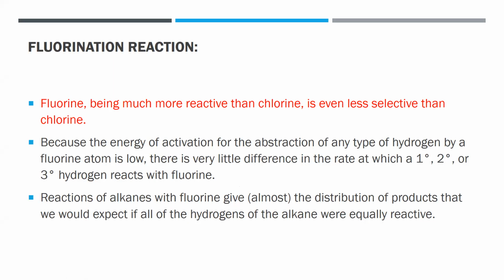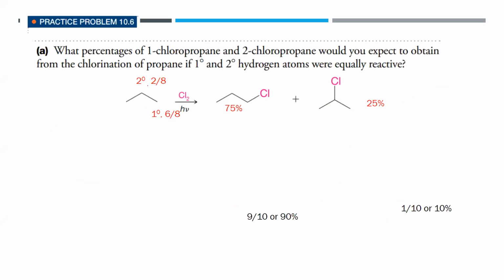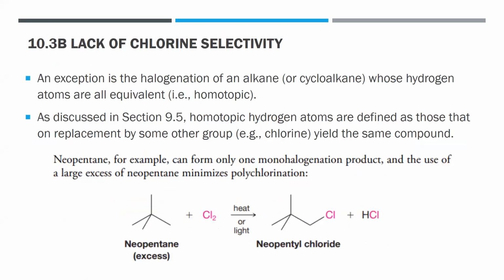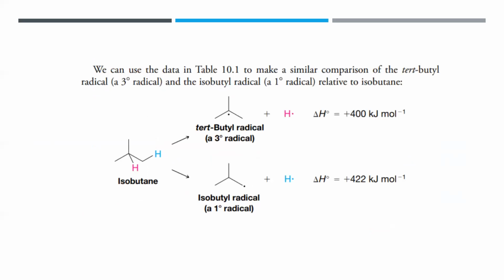But if you look at the difference, recall the table that we showed before, like this one, from our last discussion, showing the energy required to abstract the hydrogen to form different kinds of radicals.